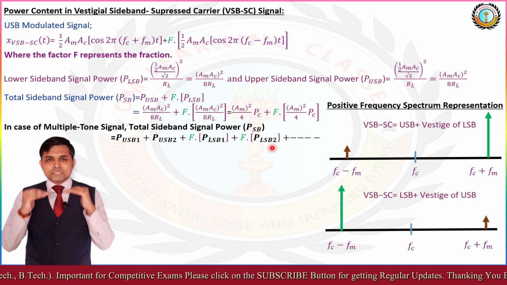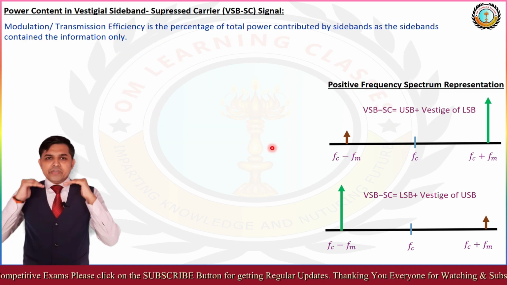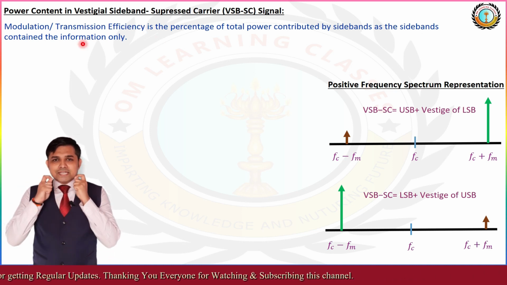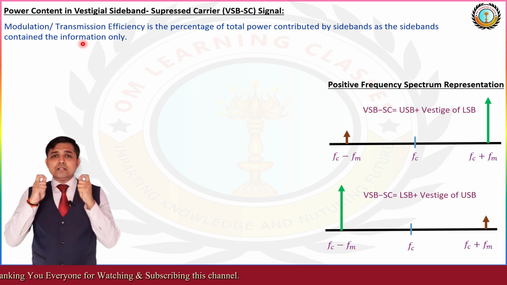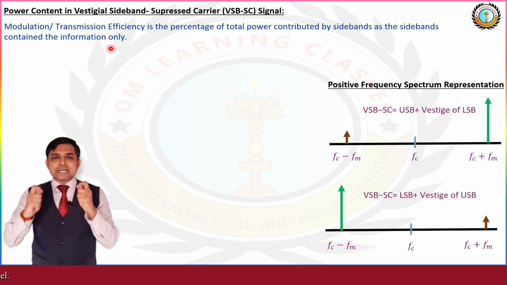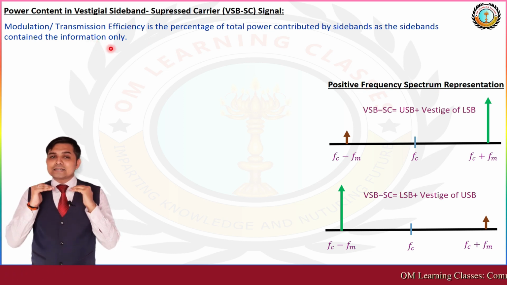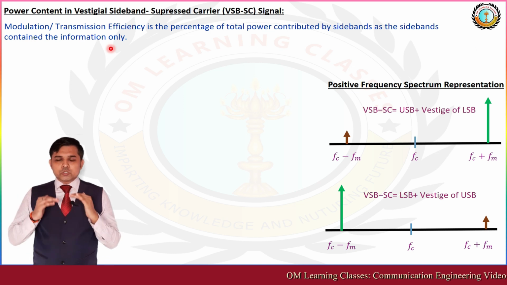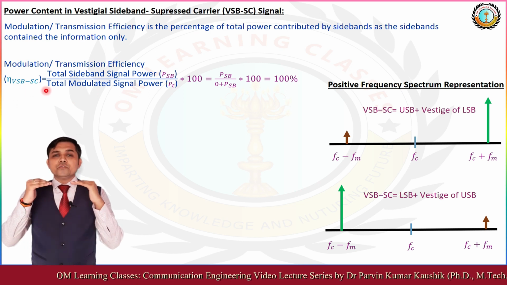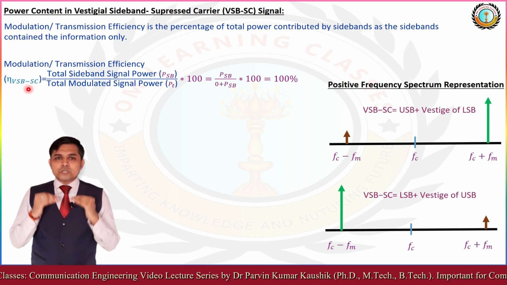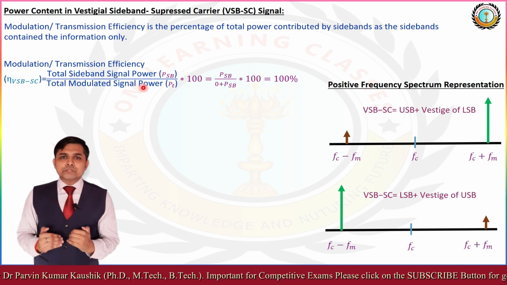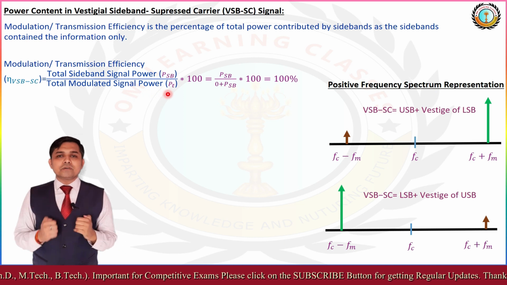Similar to DSBSC and SSBSC, we have the modulation and transmission efficiency, which is the percentage of total power contributed by the sideband, as the sideband contains the transmitted information only. So the modulation and transmission efficiency for VSBSC is equivalent to the total sideband signal power to the total modulated signal power.